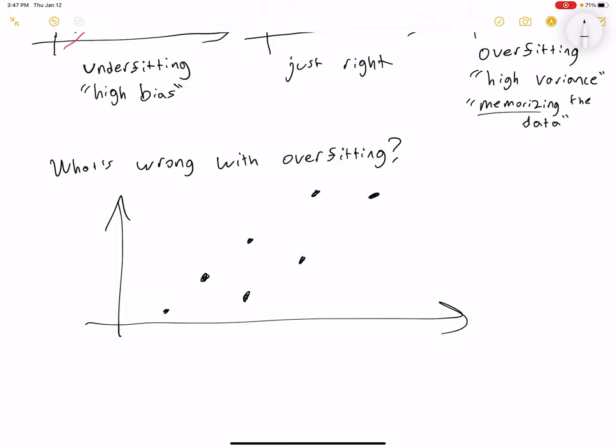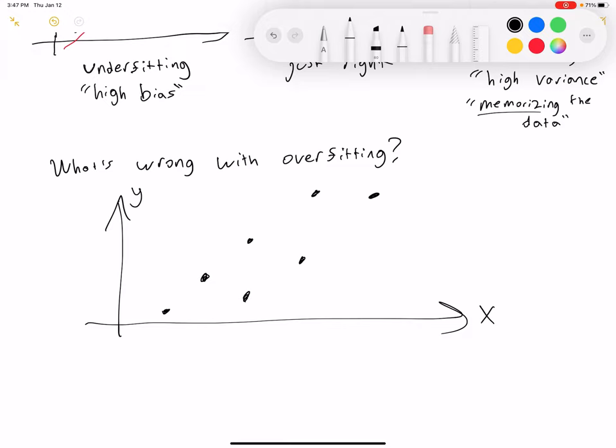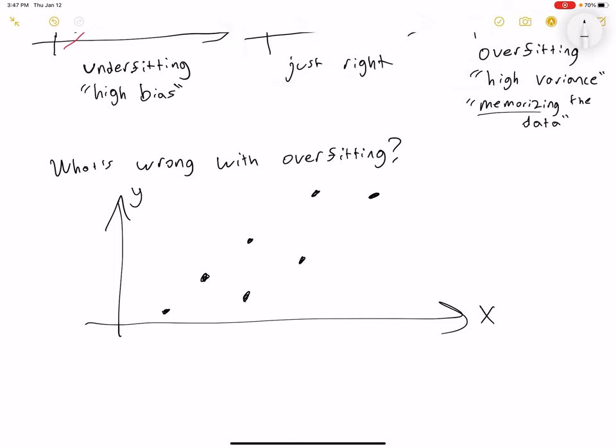Would you agree that for this data set, where this is X and this is Y, probably the best model would be a line through this data? Does anyone disagree that the best model, subjective, but probably the best model, is a line?